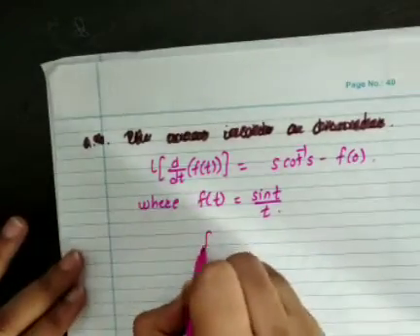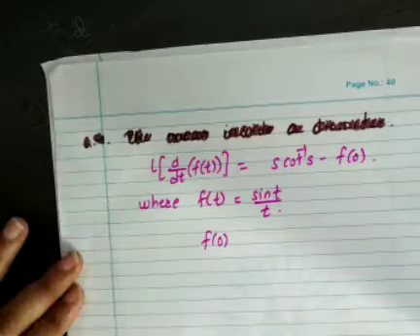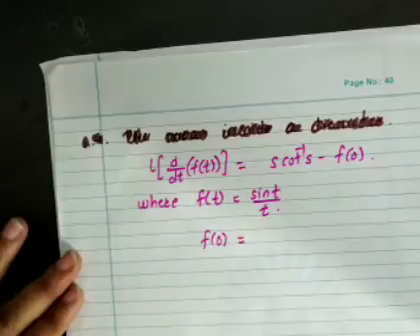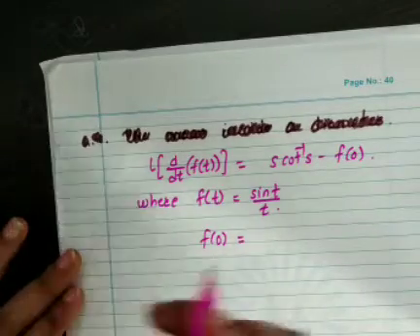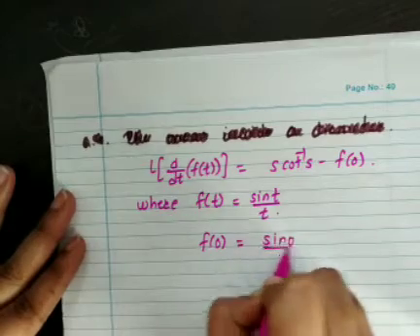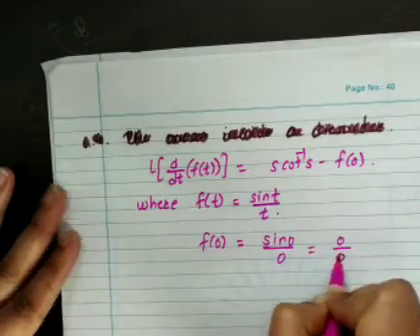So f(0) will be sin 0 upon 0, that is a 0 by 0 form.